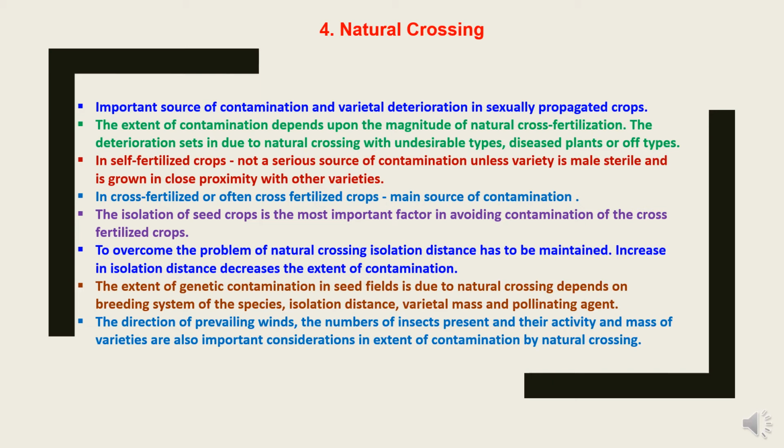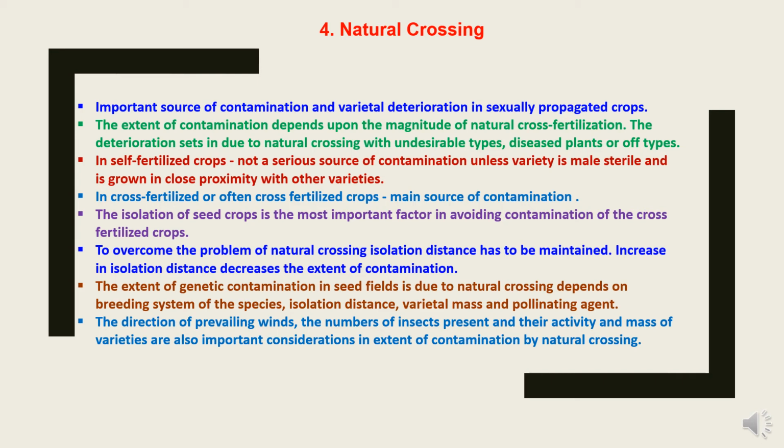To overcome the problem of natural crossing, isolation distance has to be maintained. Increase in isolation distance decreases the extent of contamination. The extent of genetic contamination in seed fields due to natural crossing depends on the breeding system of a species, isolation distance, varietal mass and pollinating agent.